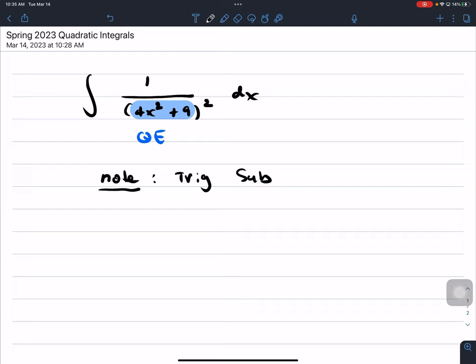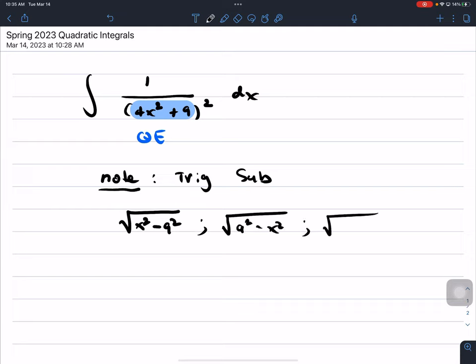There's a couple of ways to do this, because in trig sub, you might say, oh, Mr. Judge, we have various cases, right? We have x squared minus a squared, a squared minus x squared, and x squared plus a squared, where a is positive here. Okay, you guys okay with that?